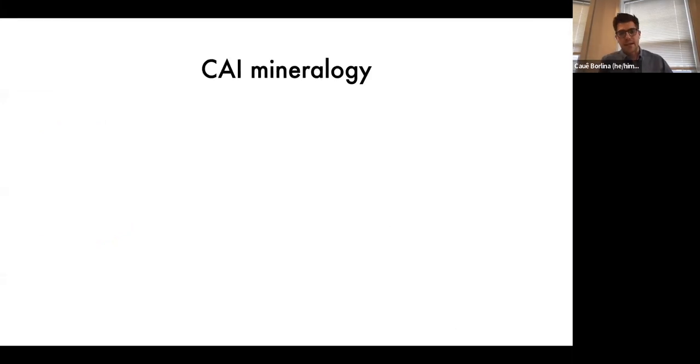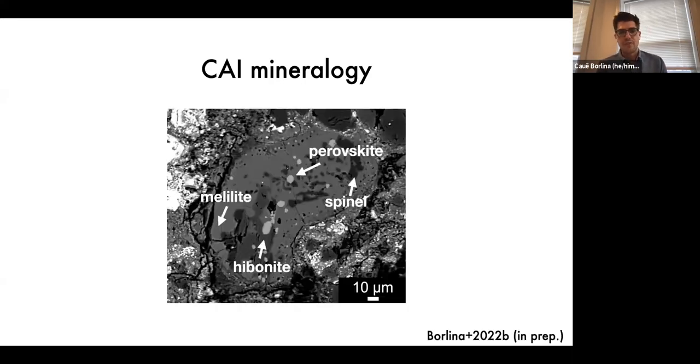Before moving forward, I want to introduce CAI mineralogy and what potential magnetic carriers we can search for in CAIs. For people that are not familiar with calcium aluminum-rich inclusions, here's an example of one from DOM 08006. They're called calcium aluminum-rich inclusions because of the minerals that are rich in calcium and aluminum, so you see things like perovskite, hibonite, melilite, spinel.